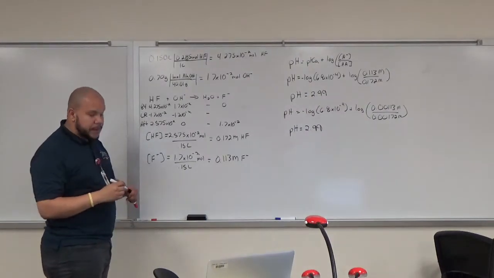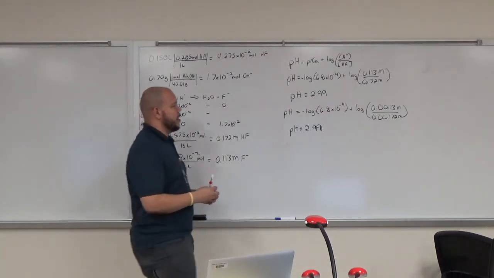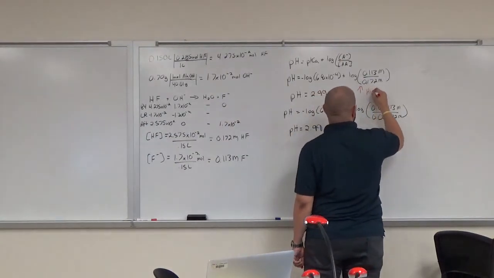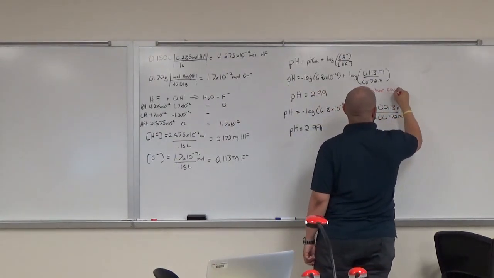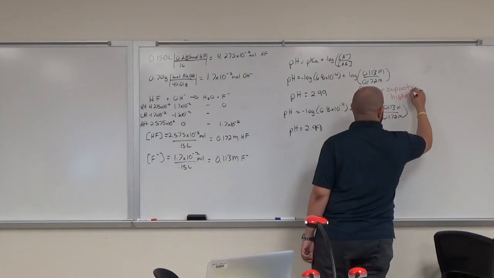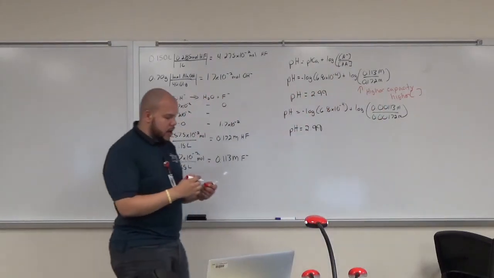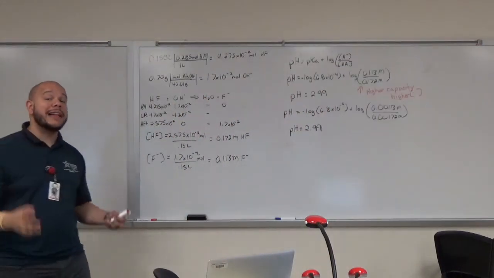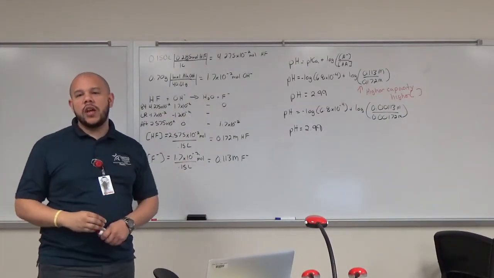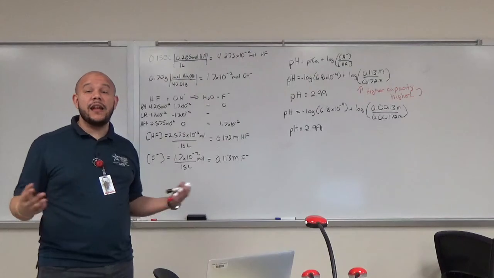But what will not be the same is buffering capacity. This buffer here has a higher capacity because it has higher concentration. So because we have a higher concentration, we have a higher capacity. From a practical standpoint, in a laboratory, experimentally, we want to be using a buffer with a capacity that is reasonable.